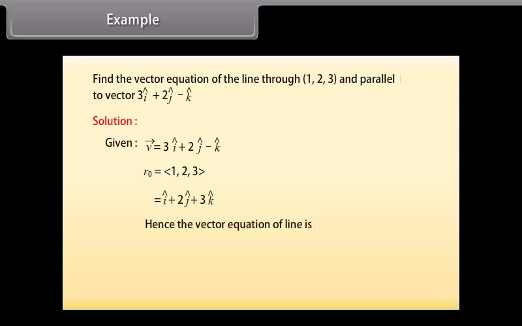Hence the vector equation of the line is r equals î plus 2 ĵ plus 3 k̂ plus t times (3 î plus 2 ĵ minus k̂), which equals (1 plus 3t) î plus (2 plus 2t) ĵ plus (3 minus t) k̂.